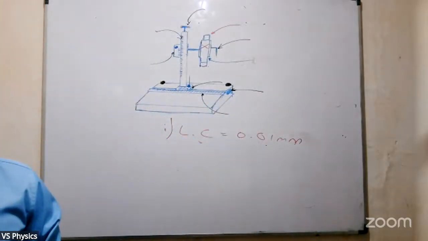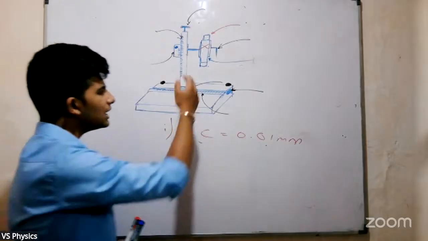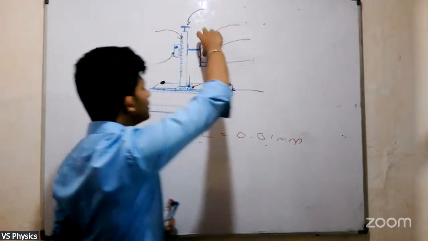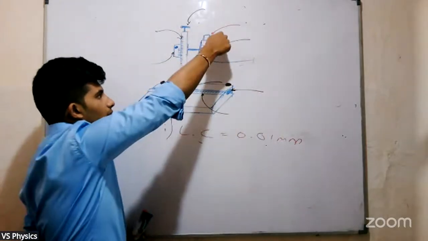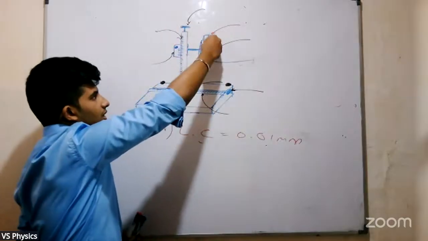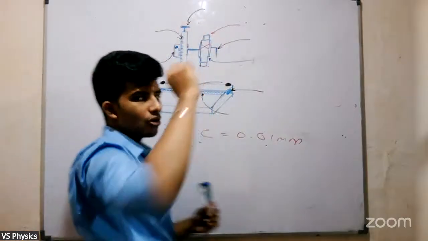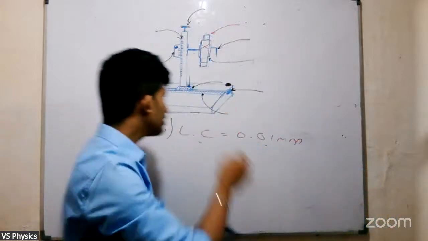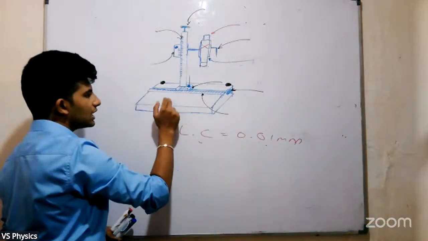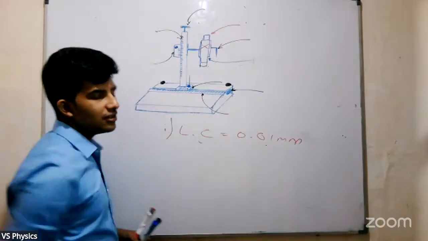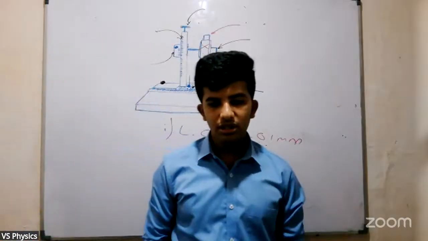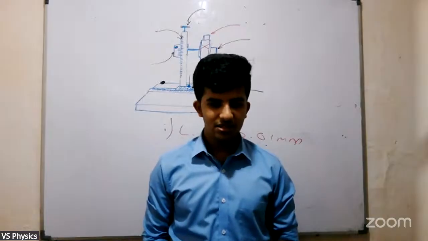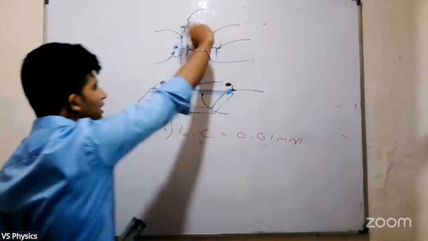Then normally we remove the rock screw and make it horizontal. Why do we make it horizontal? You can't keep the capillary tube on this table and find the measurement, so we have to make it horizontal.